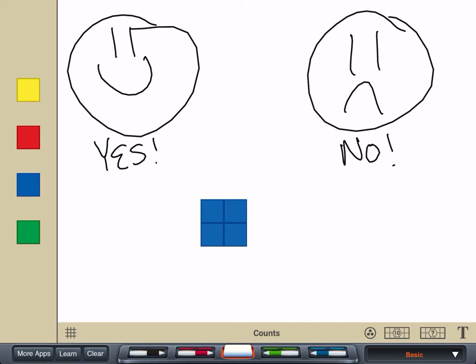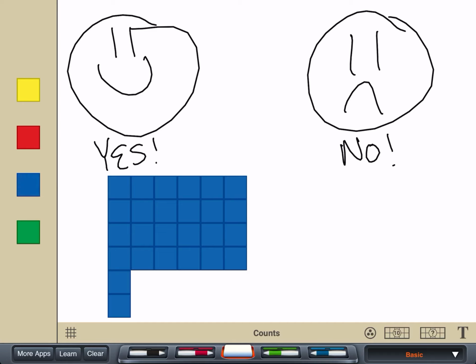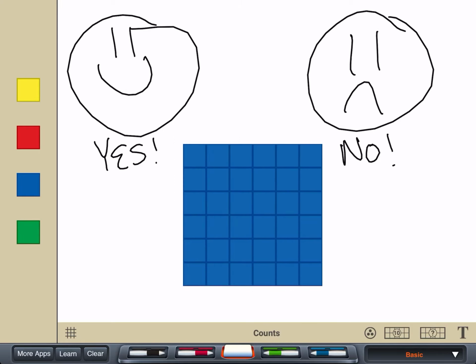I'm going to make this one crazy. All right, is this a perfect square?